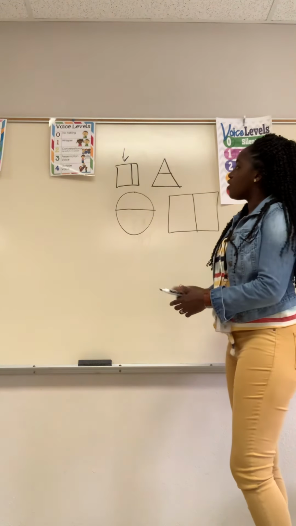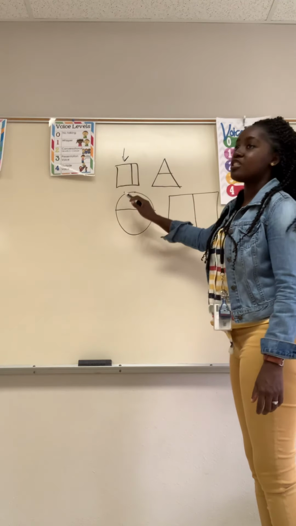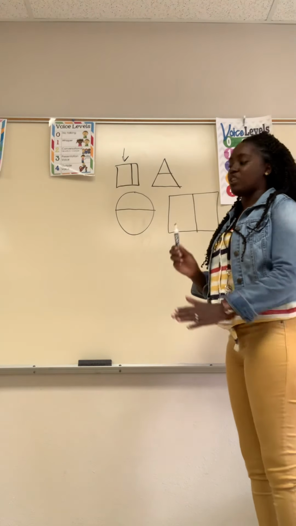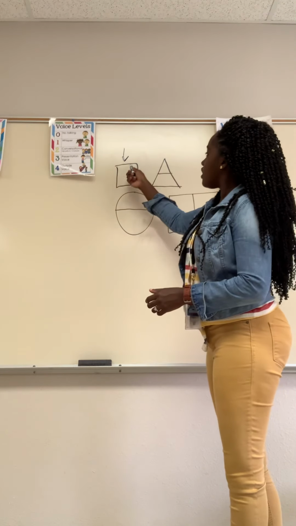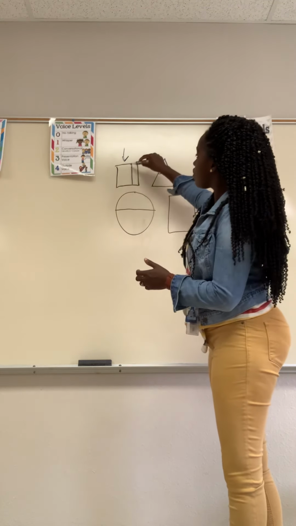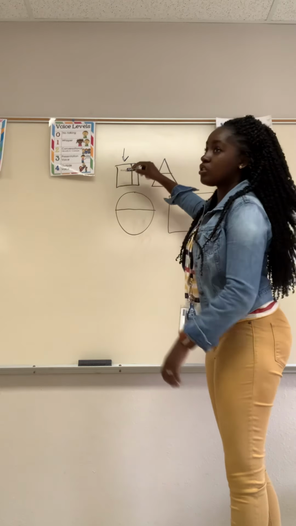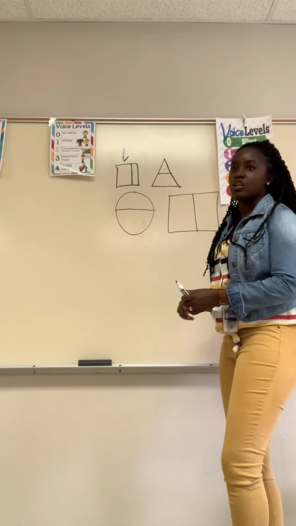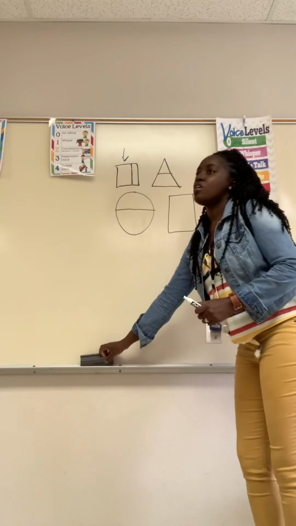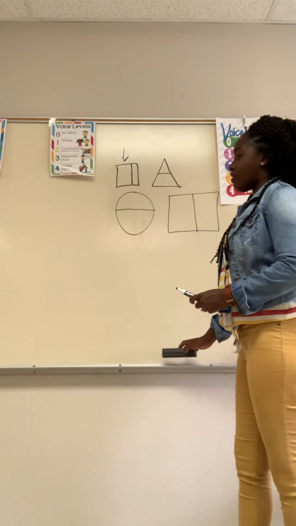No, it's not, because it is not right down the middle. It does not have equal shares. It is more over to one side, which means you would have more and your brother would have less. It is not equal. That is not a half.